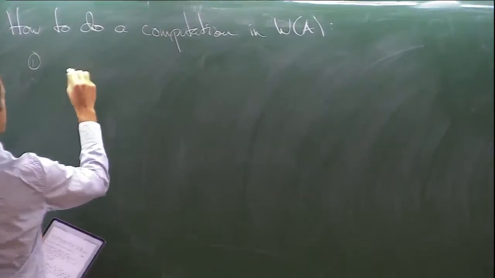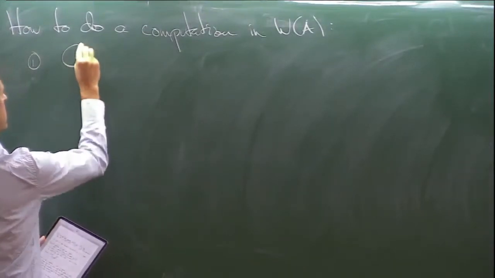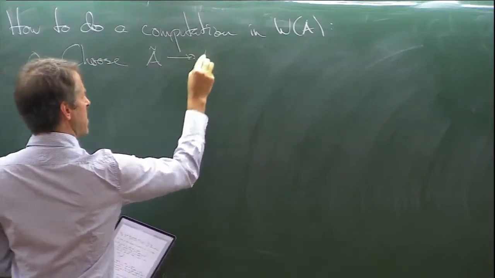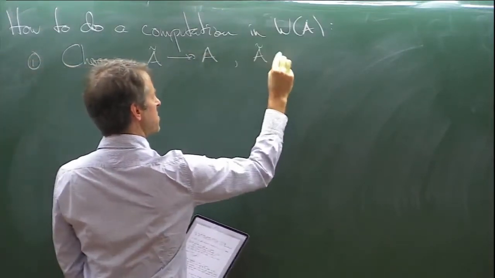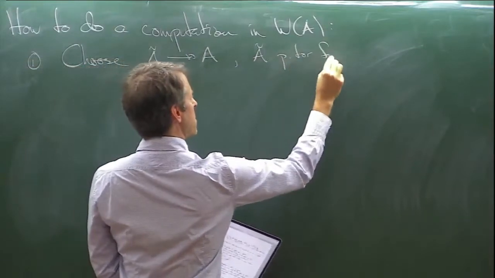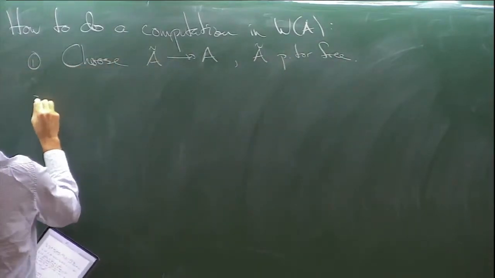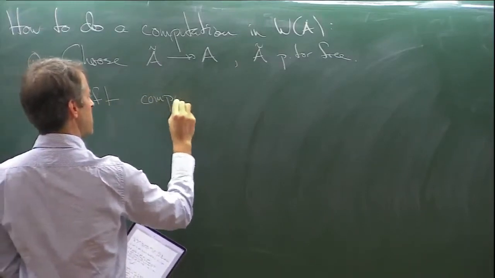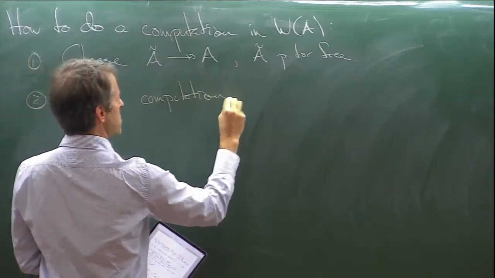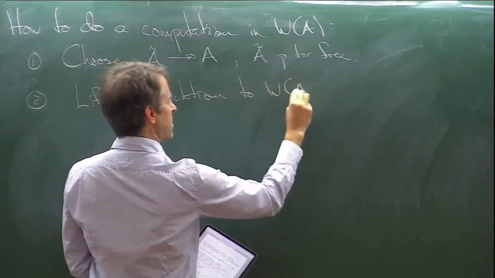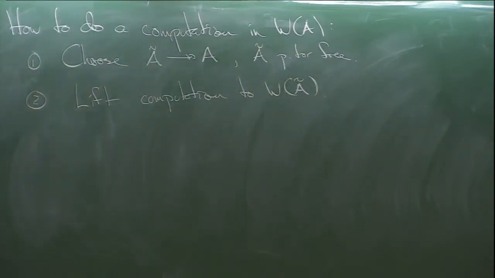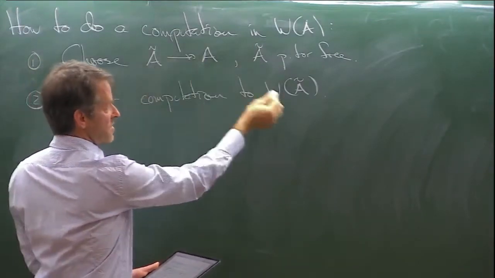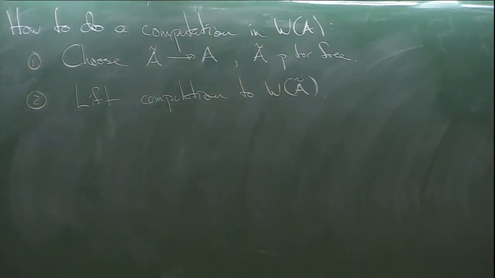So first thing is you make it p-torsion free: choose a ring A tilde mapping onto it, which is p-torsion free. Two, you lift the computation to W of A tilde. So choose whichever A tilde you find most convenient and lift it in whichever way you also find most convenient.